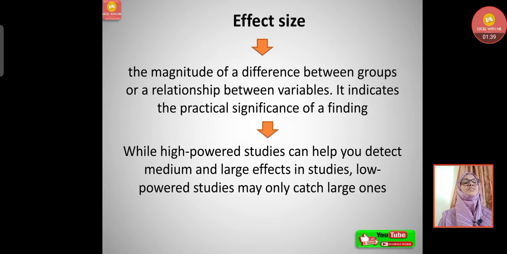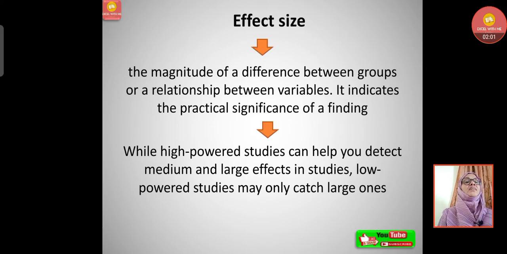Now in this class we are going to discuss effect size, the magnitude of a difference between groups or a relationship between variables. It indicates the practical significance of a finding. When we take any research problem, obviously we need statistical power here.